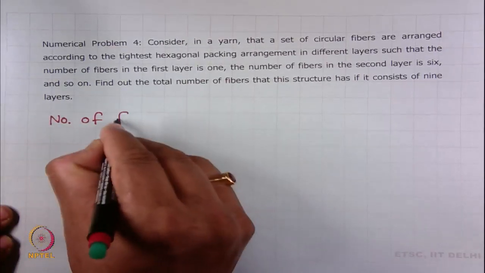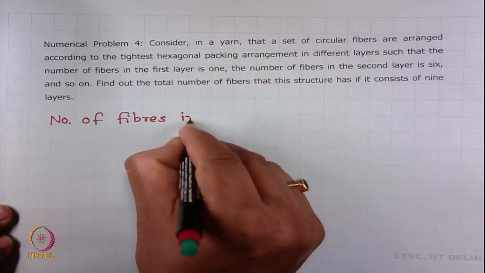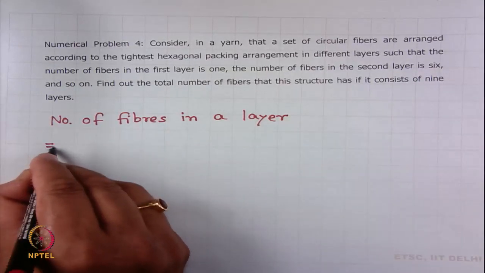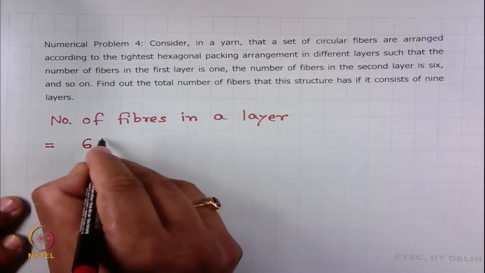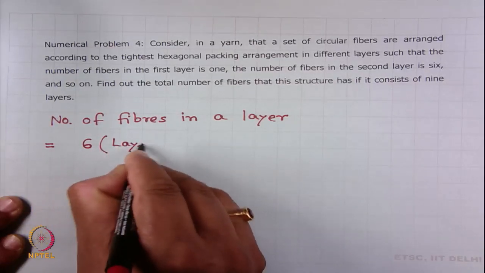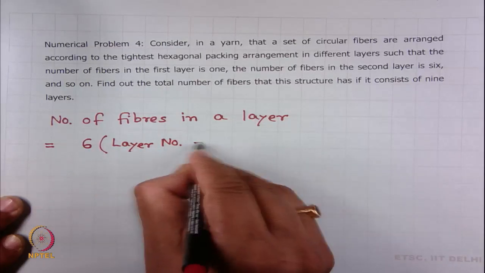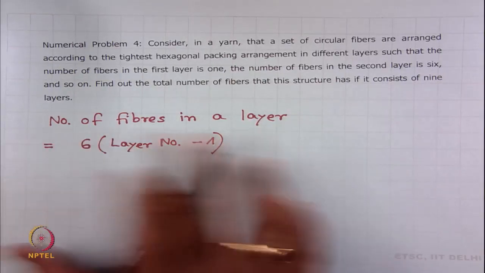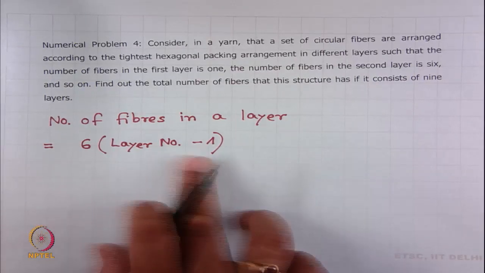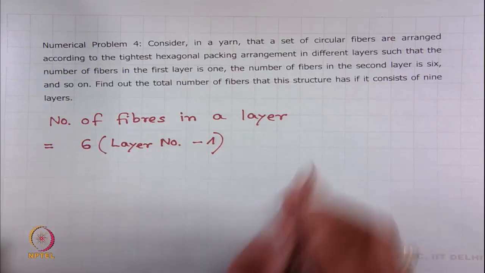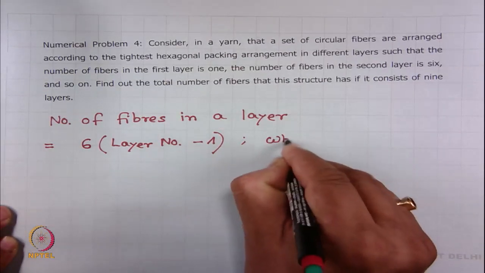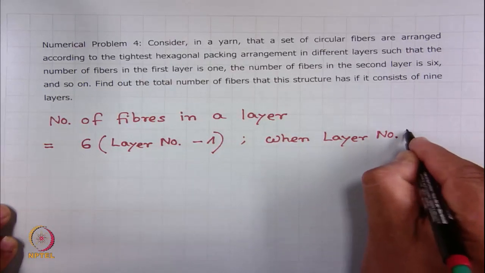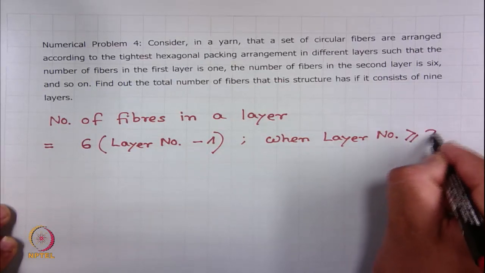number of fibers in a layer is equal to 6 into layer number minus 1, except when layer number is greater than or equal to 2.